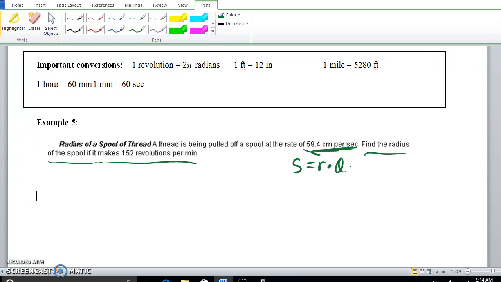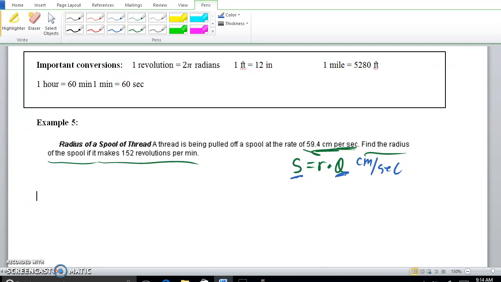In this instance, you have this in terms of centimeters per second, so that's 59.4 centimeters per second. So you know this. If you could just figure out theta, then you could go ahead and solve for the radius.